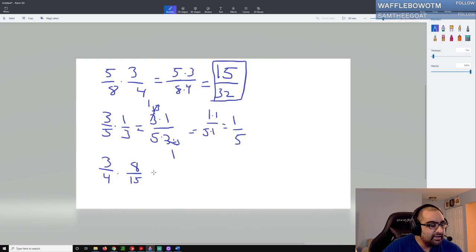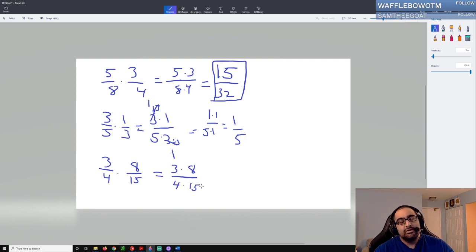Okay, so we have 3/4 times 8 over 15. So here's what we have here: 3 times 8 over 4 times 15. Is there anything that we can reduce here on both the numerator and denominator?